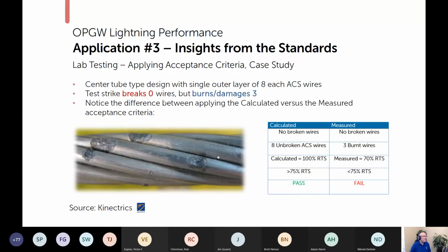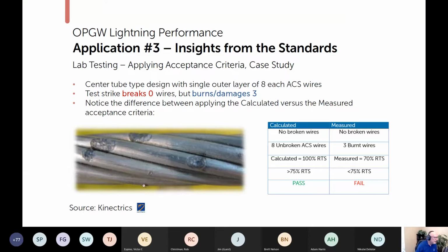This is best illustrated by showing you a case study. In this testing, which again was done by Connectrix, a center tube type design has a single outer layer of 8 aluminum clad steel wires. The test broke 0 wires, but it damaged 3. You see that in the picture here. 1, 2, 3.